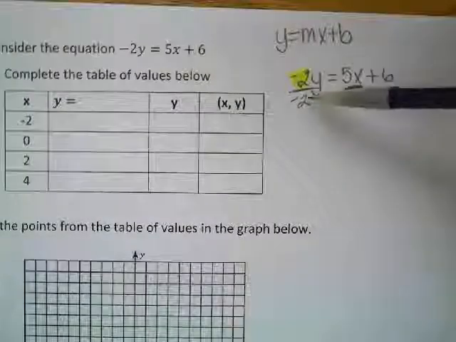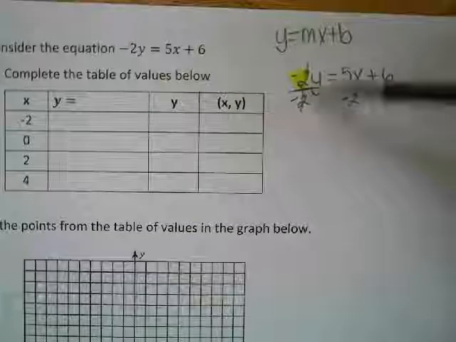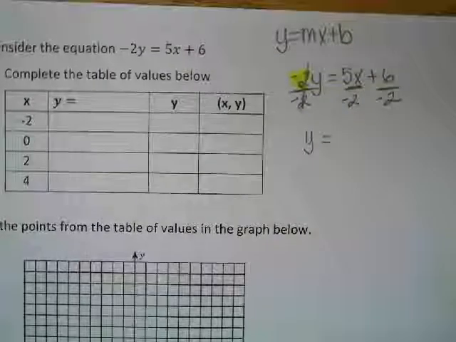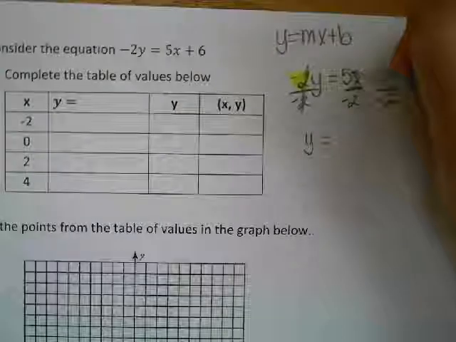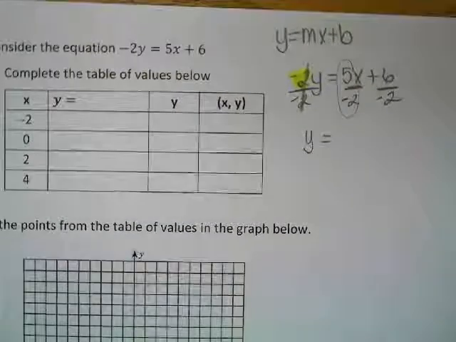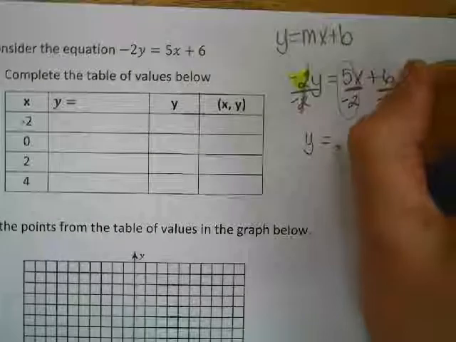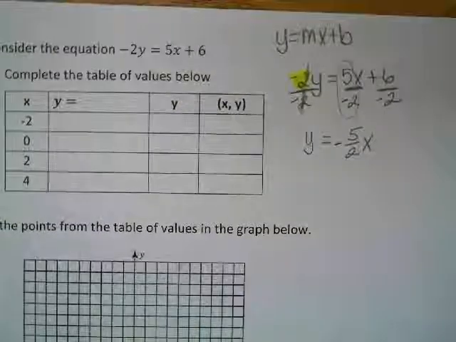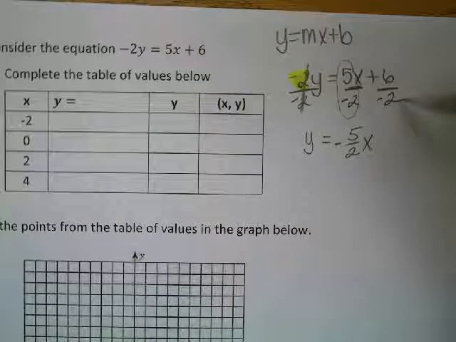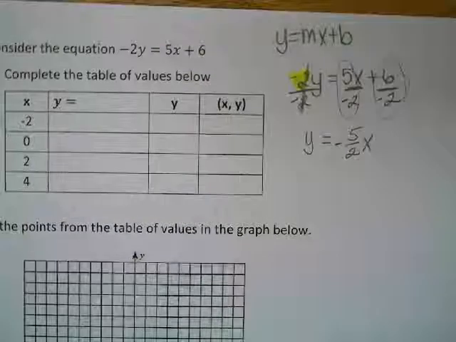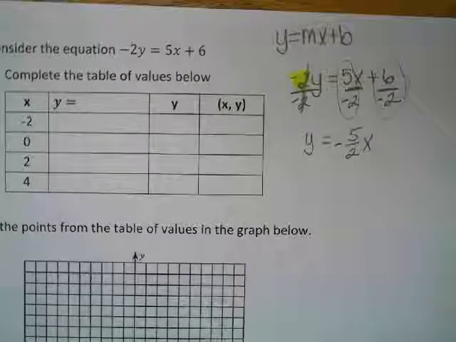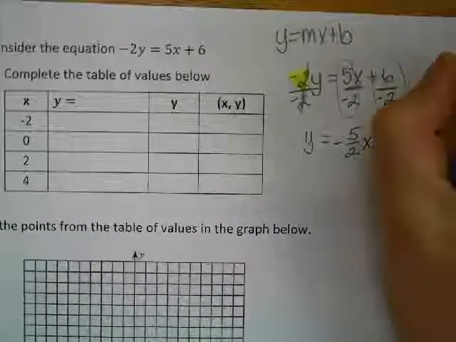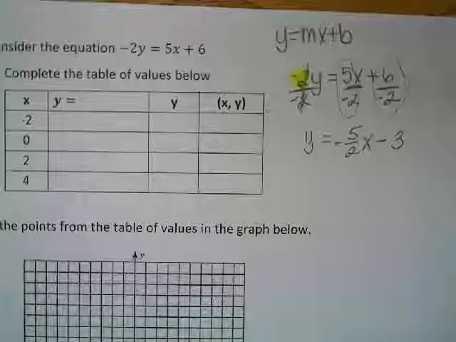So -2 divided by -2 is 1. So I just end up with 1y. Then I have this fraction, 5 over -2, which I'm just going to write as -5/2. And then I have this fraction, 6 over -2. And I know that 6 divided by -2 is -3.